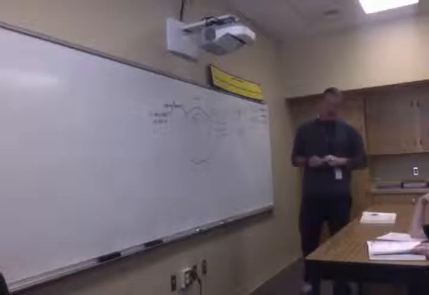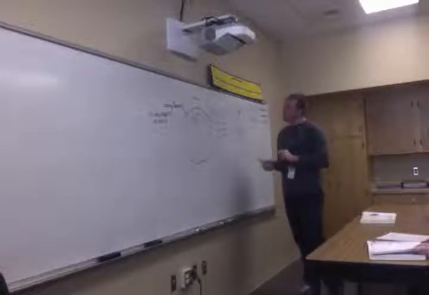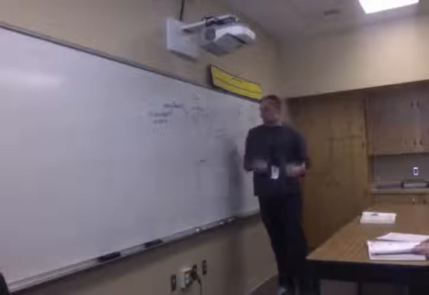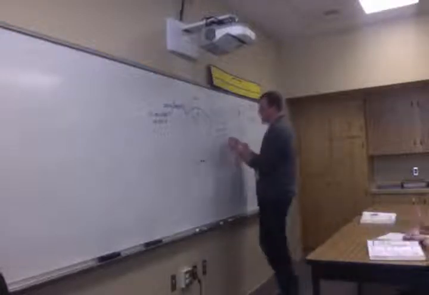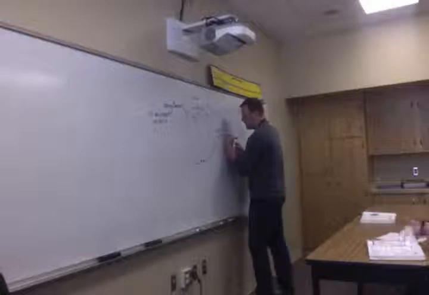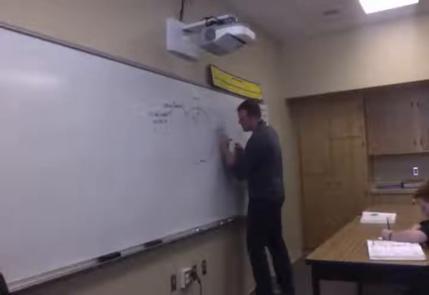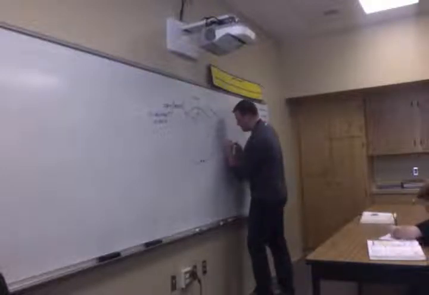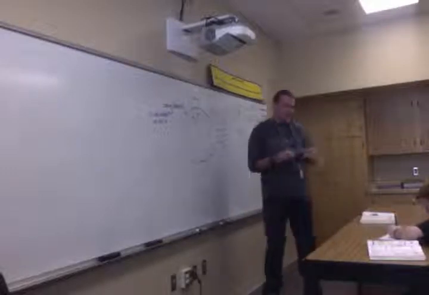So a line straight across the circle, we should probably change it and say through the center. A line straight across a circle through the center. That's good enough for me. All right.